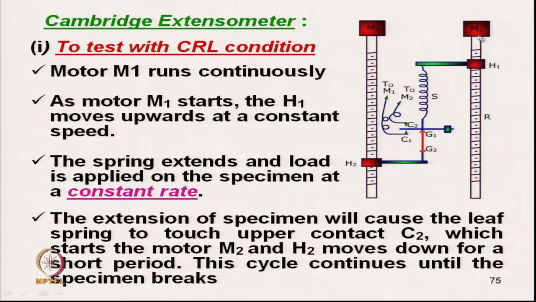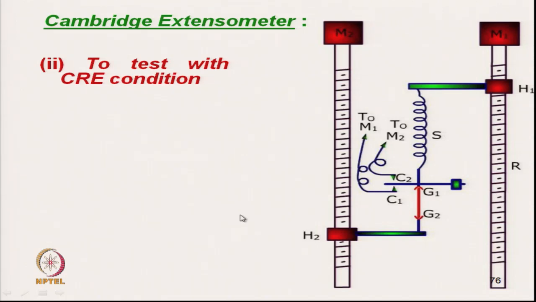As motor M1 is moving at a constant rate, it is applying the load at a constant rate. When it is working on the CRE principle, the constant rate of elongation principle, the things will just be reversed.